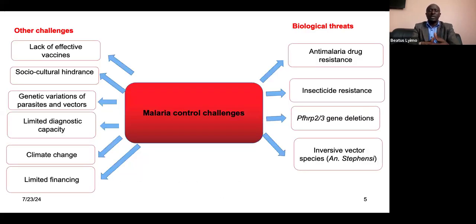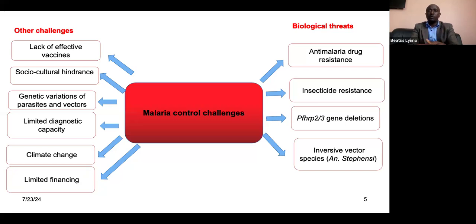So what hinders us from achieving elimination? There are several factors which we need to consider, and as we are setting our strategies, we need to remember and include them in the elimination strategy.